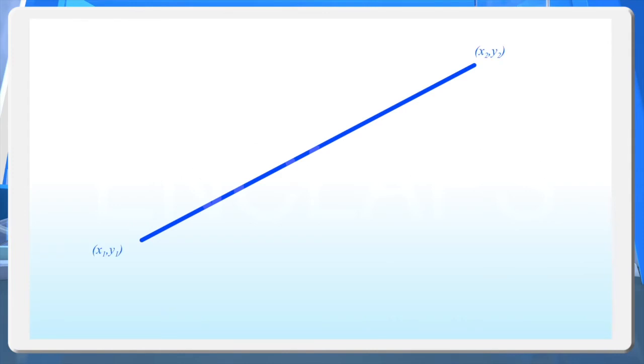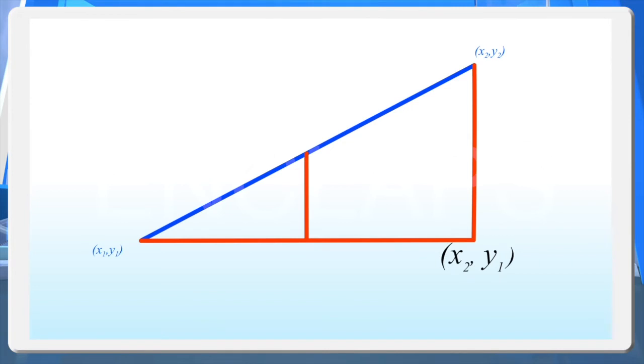Let's see how to calculate the midpoint without drawing any picture. Let's take the coordinates of two points as x1, y1 and x2, y2 in general. Their positions can be varied. Let's take this first. The perpendicular sides of the small right triangle are half the perpendicular sides of the large right triangle in the picture.